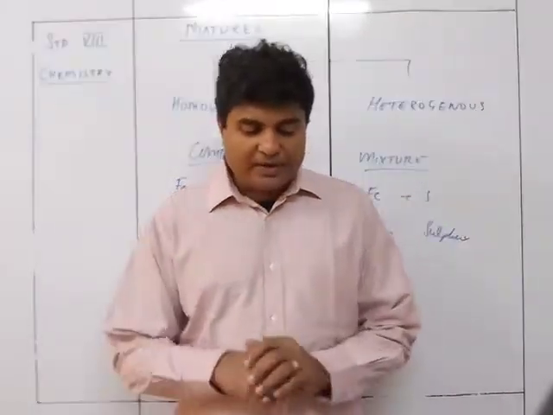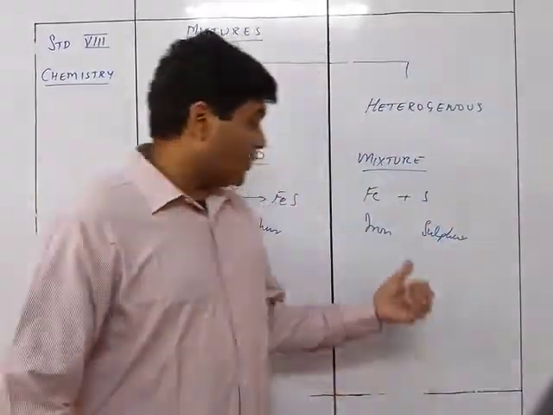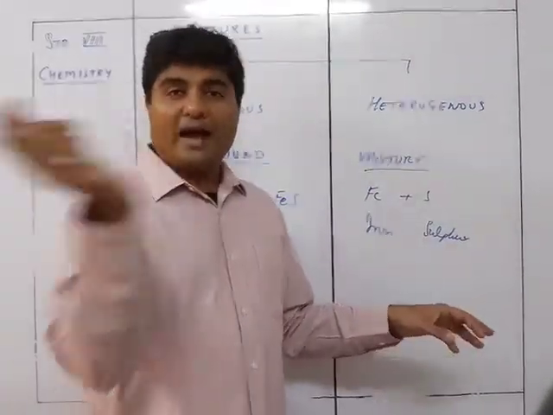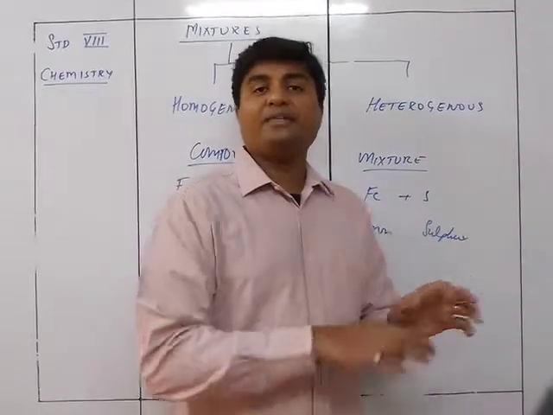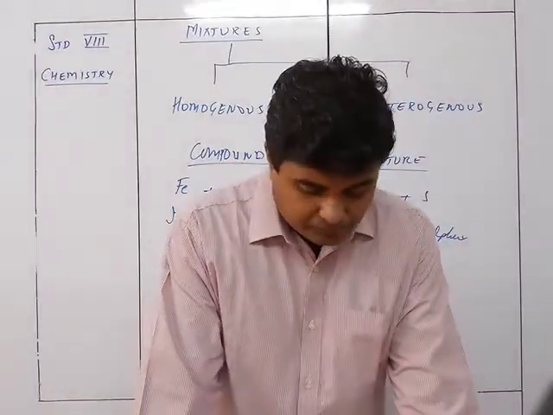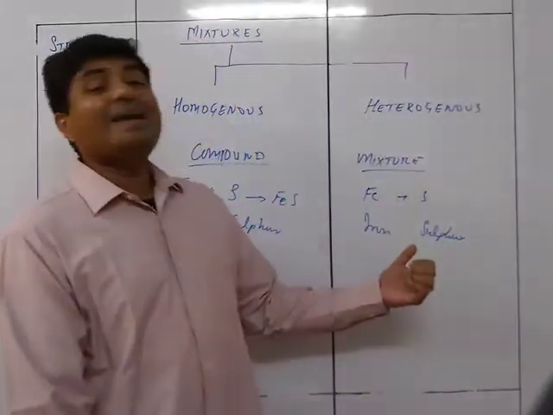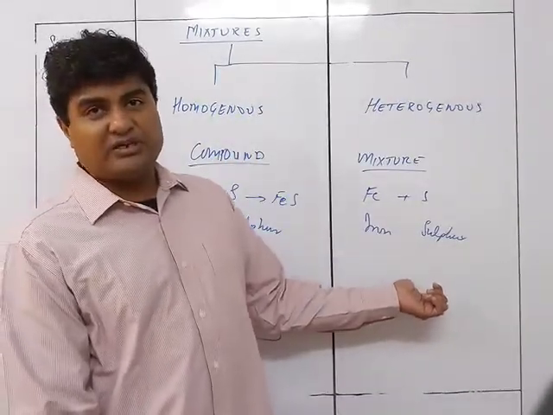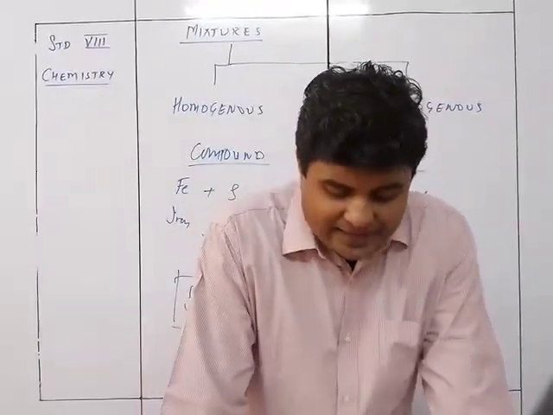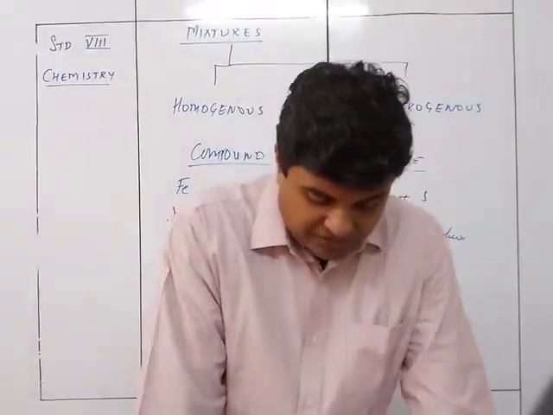So they do not retain the original properties. Whereas over here, if I take a magnet and place it inside, all the iron filings are going to stick to that magnet, and sulfur can be easily separated out. So you see that the properties of the components are retained in case of mixtures, whereas in case of compounds they are not retained.